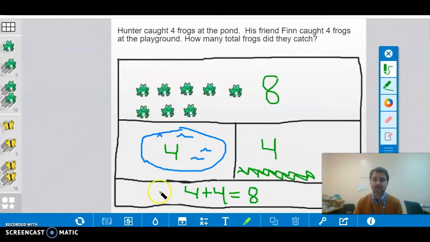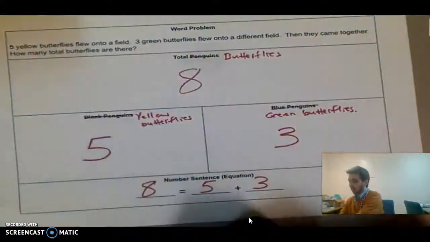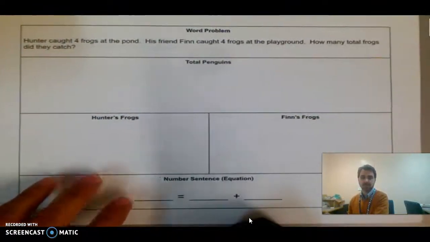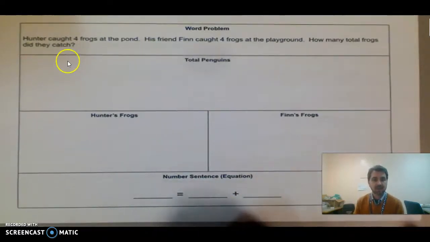Or 8 equals 4 plus 4. Okay, either way, it's the same thing. All right, so let's go to our packet. So please turn to where it says Wednesday. Follow along with Mr. McAndrew. Remember, boys and girls, if at any point you need to pause the video to slow down, you go ahead and do that, okay? So this is the one we just did together.